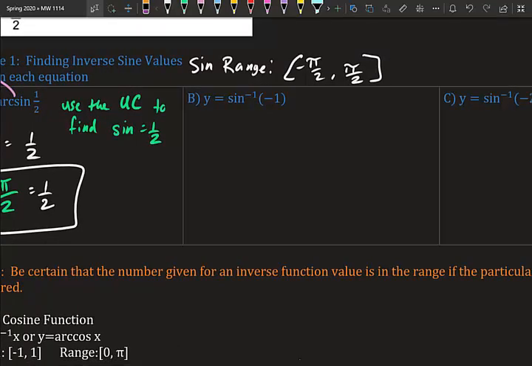Alright, let's do the same thing here. So we're going to kind of move it over in a sense. So we have sine y equals -1.